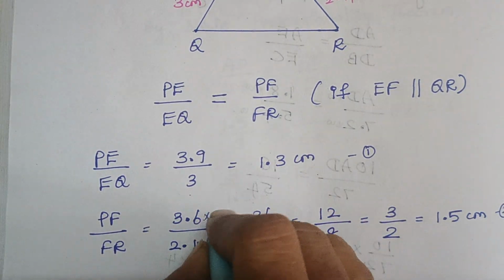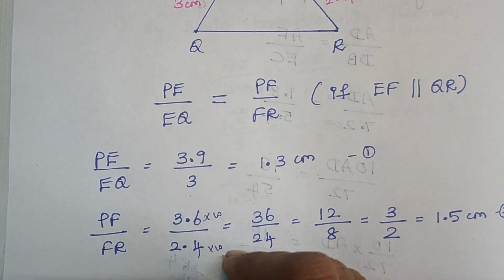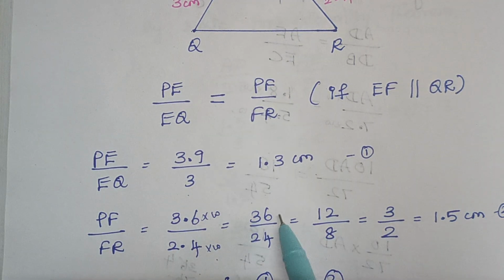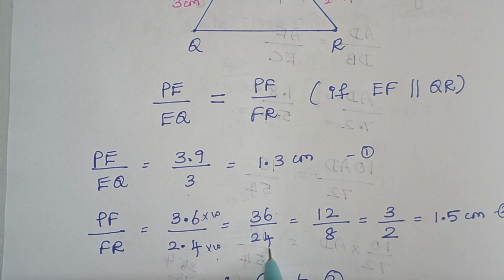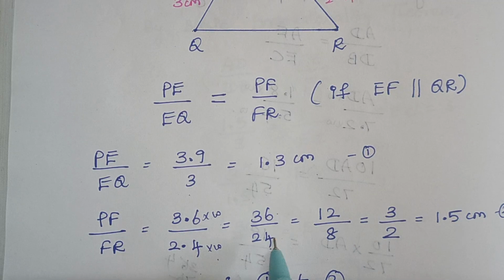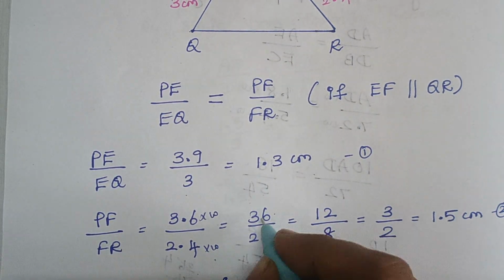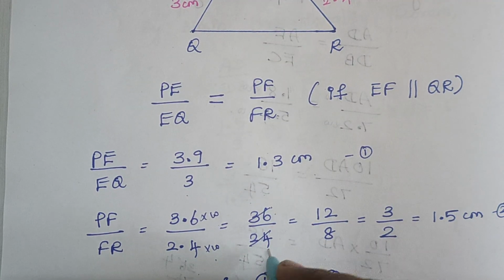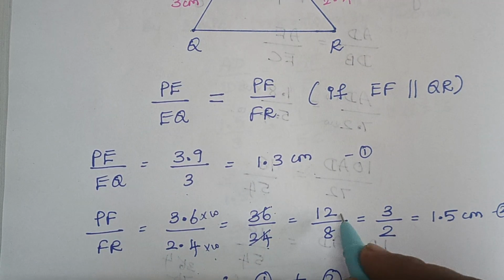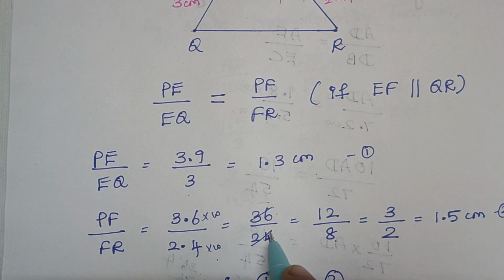And again, I am multiplying by 10 on both the numerator and denominator. So here it is 36 by 24. Right, once you simplify here, how can we simplify this?